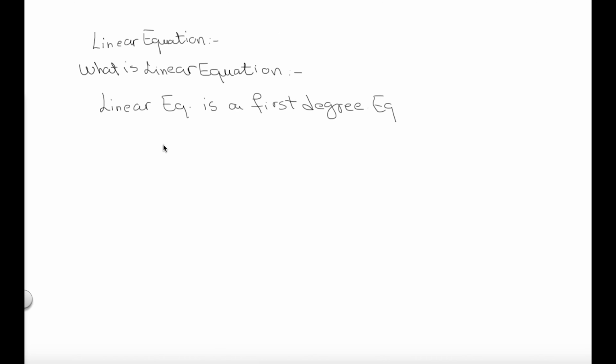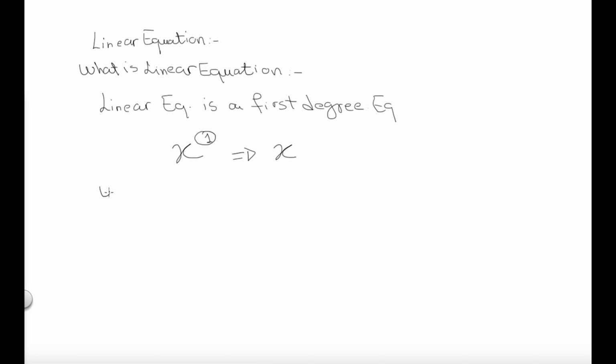First degree equation means that any equation will have variable x or y, and the maximum power of the equation is 1. And as you know, we don't write 1, so you will find the maximum power of x is 1, or they write it as x.